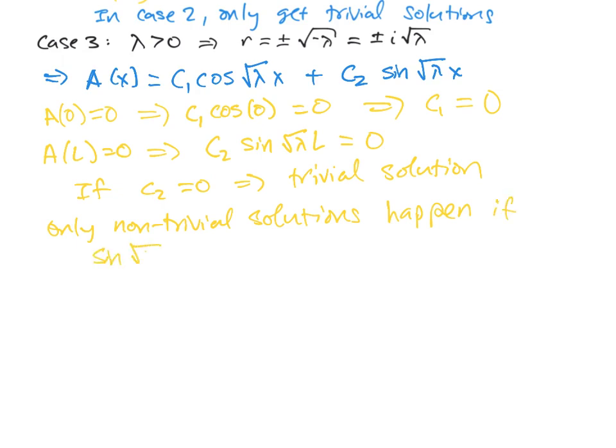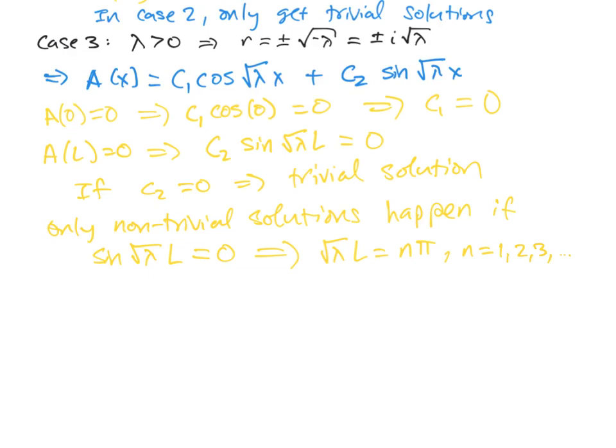So sine of square root of lambda L equals 0, which will happen if square root of lambda L equals n pi for n equals 1, 2, 3, etc.